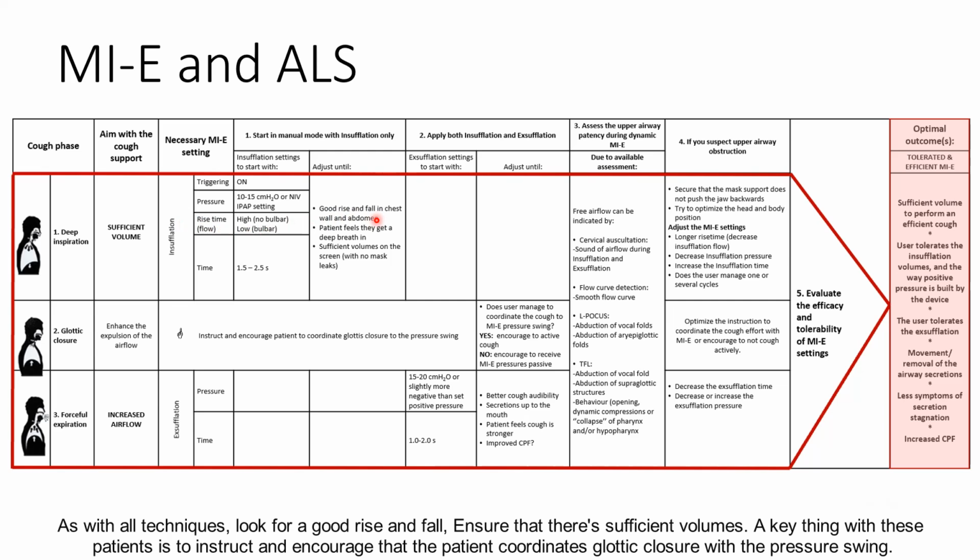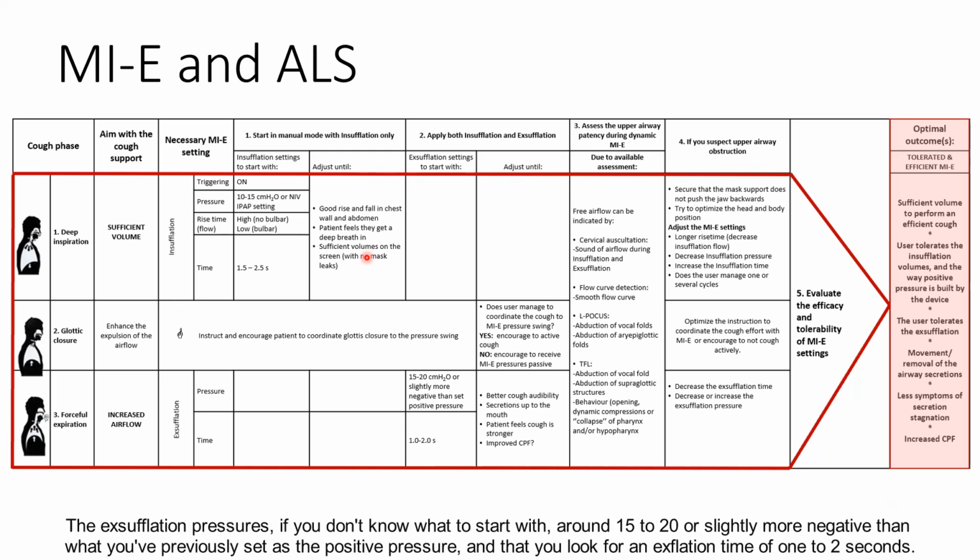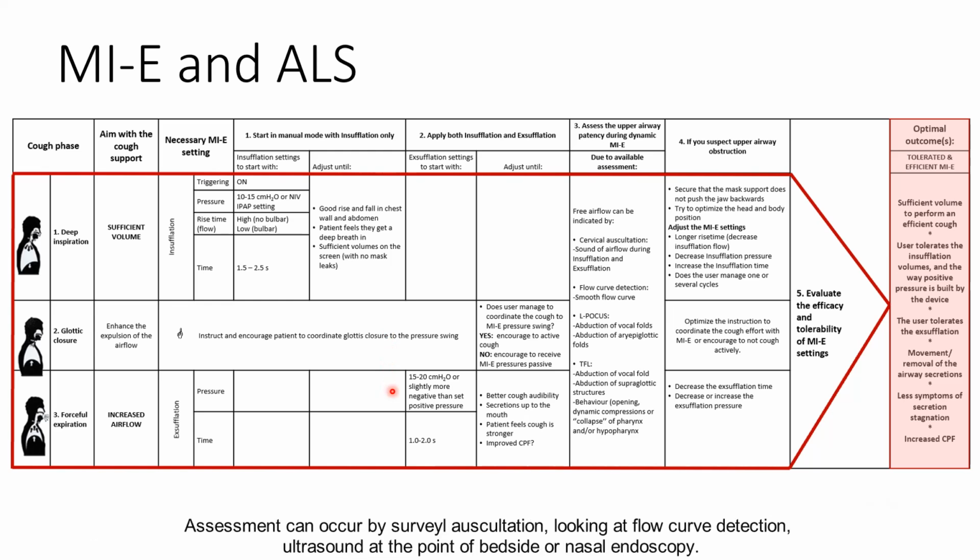A key thing with these patients is to instruct and encourage that the patient coordinates glottic closure with the pressure swing. The exsufflation pressures, if you don't know what to start with, around 15 to 20 or slightly more negative than what you've previously set as the positive pressure, and that you look for an exsufflation time of 1 to 2 seconds.